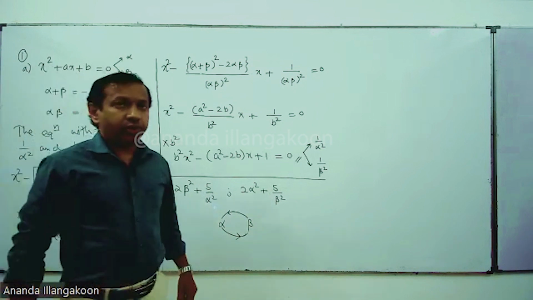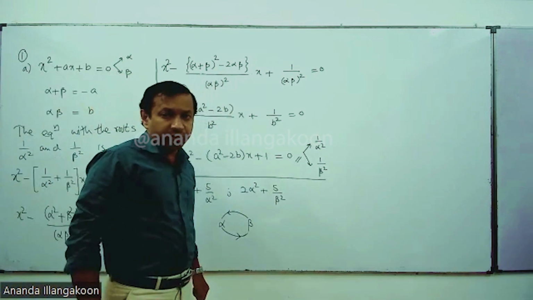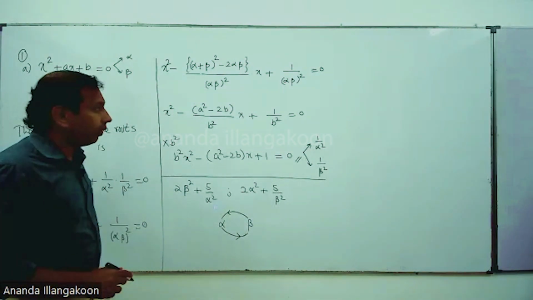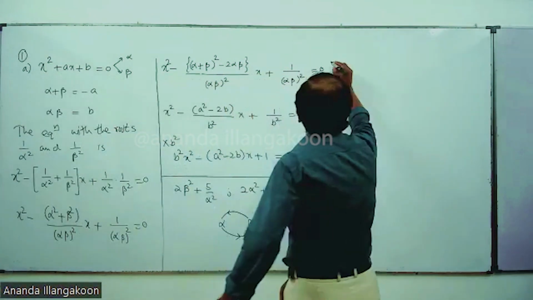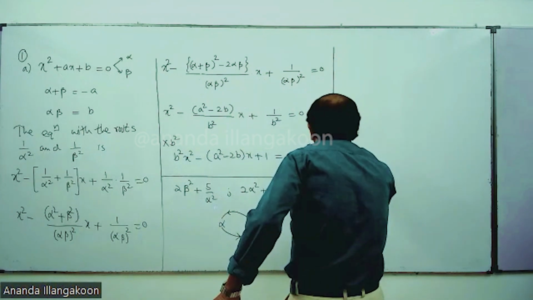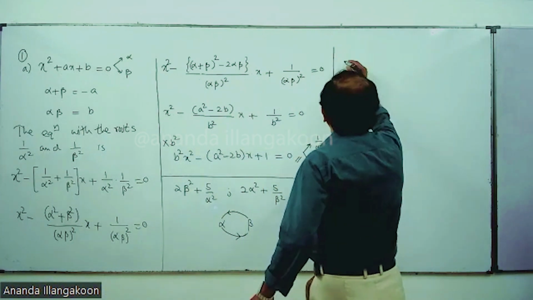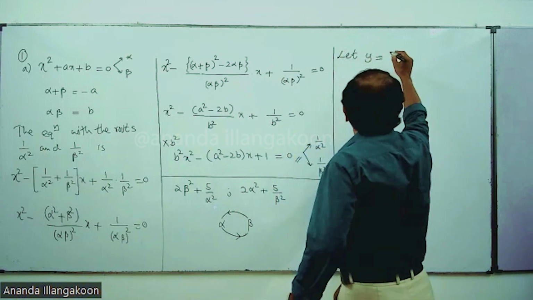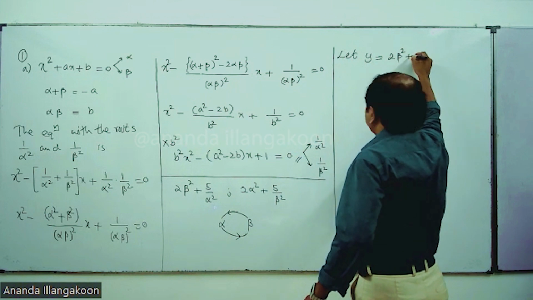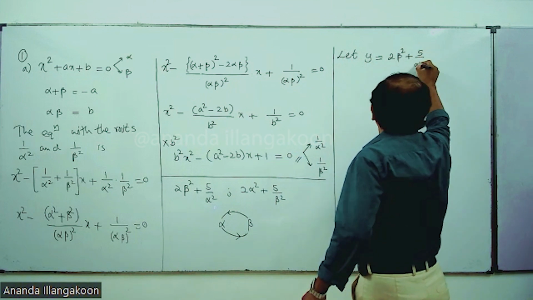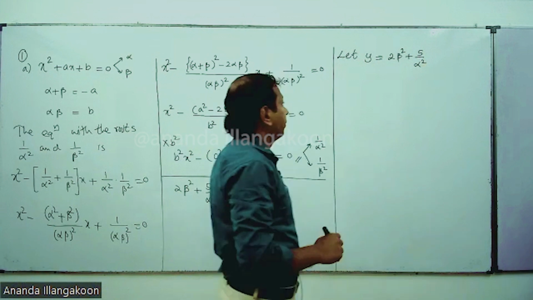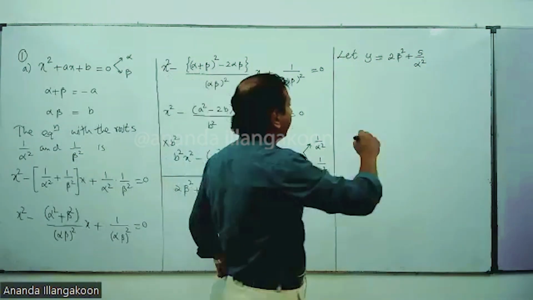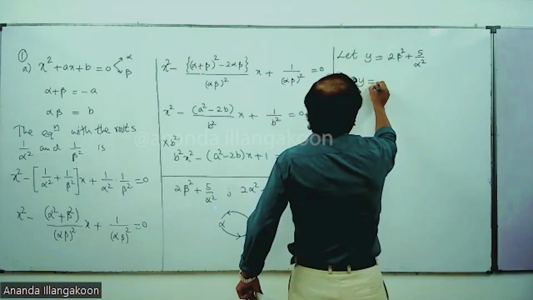When the two roots are symmetric, under this method we can take any root out of these two as y. Then I take this as y. Let y equal 2 beta squared plus 5 upon alpha squared. Now you can write it like this.